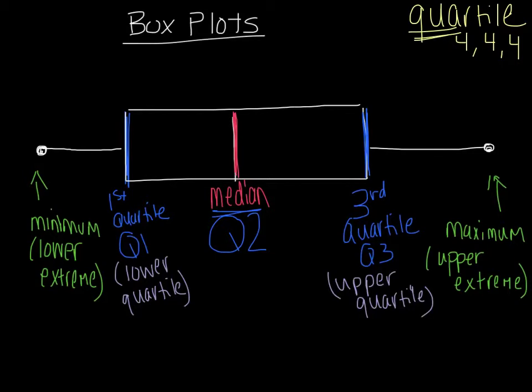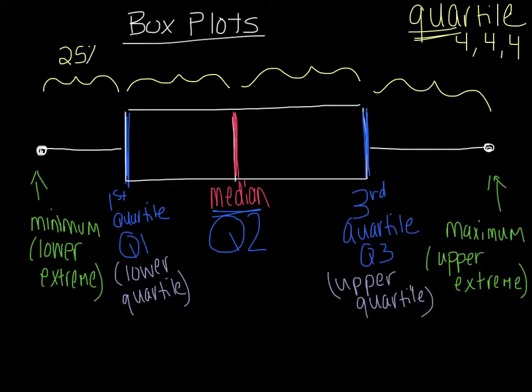And now this is what's really neat about box plots. This piece represents a fourth, this piece represents a fourth, this represents a fourth, and this represents a fourth. The way we show that usually is with percentages. So there's 25% of our data in each piece.